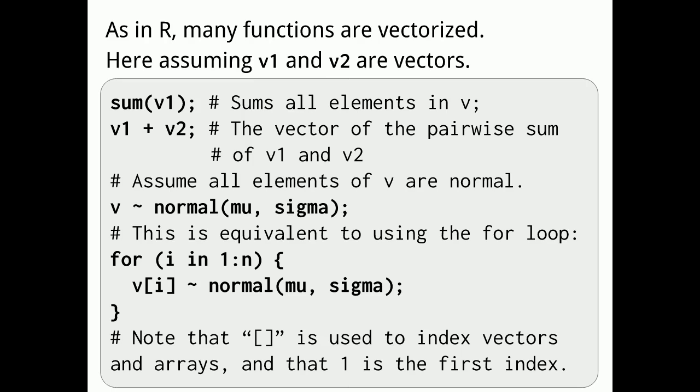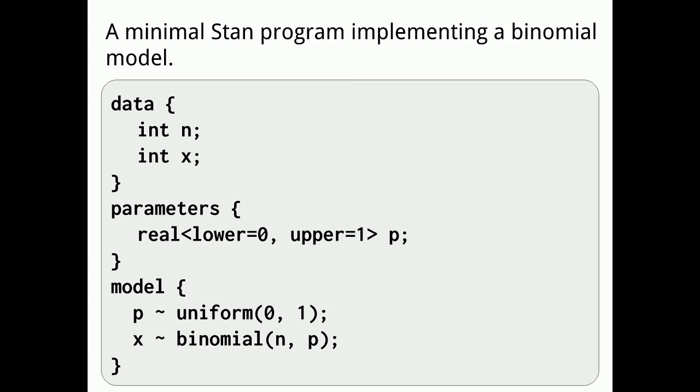So, now we have all the pieces to put together a minimal Stan program, here implementing a binomial model. Again, the same model as we used in the Salmon subscription example. So, first we declare what data we have in the data block, an integer n, the number of trials, and an integer x, the number of successes. The model has one unknown, one parameter, which is the underlying frequency of success p.